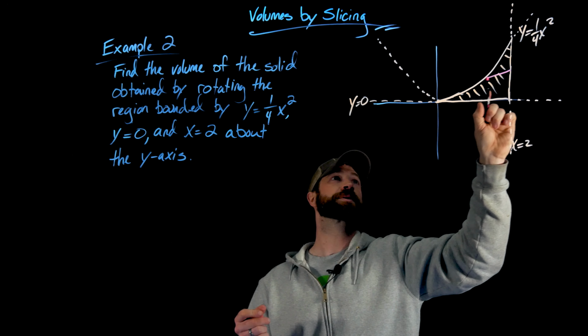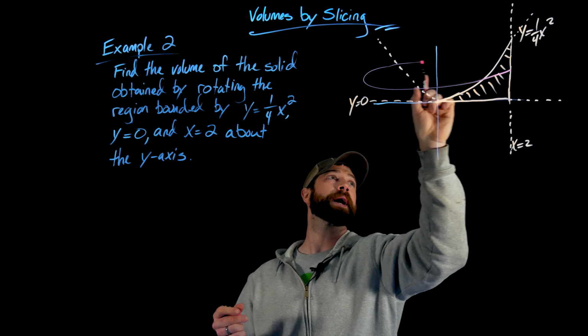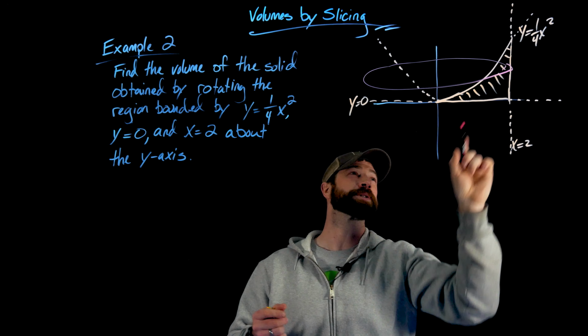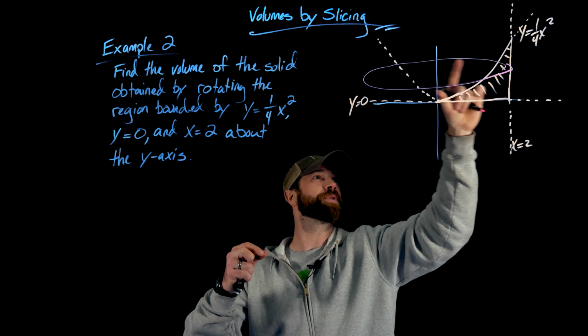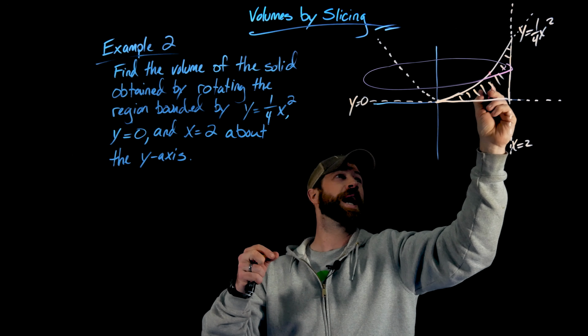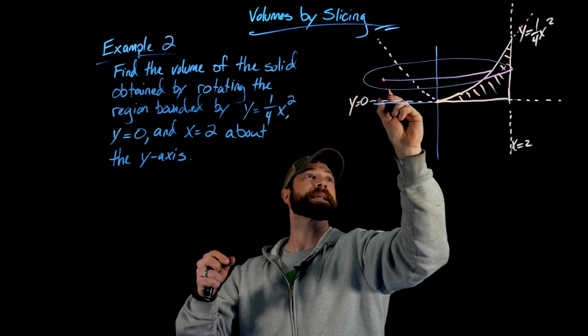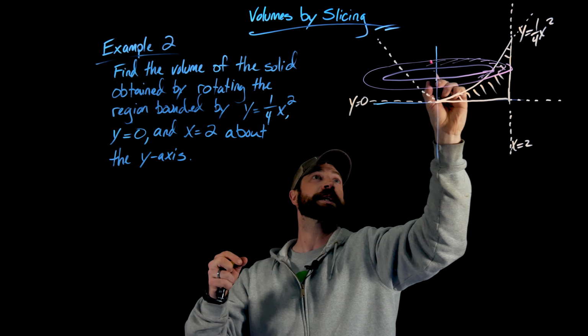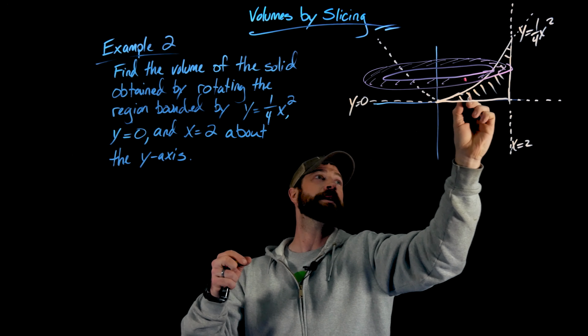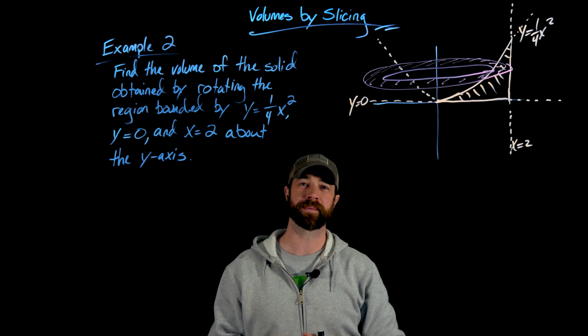These pieces will look like this and come around. Importantly though, as we go around, the whole middle is not filled. This is open when we rotate this around. So what we'll actually have is this washer shape, where we'll have area on these cross-sectional pieces around here, but we'll have a gap in the middle.